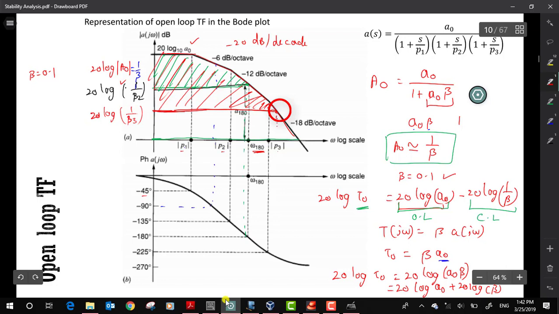At this particular omega, when I see what the phase value is, I am getting a value that is much smaller than minus 180 degrees, almost like minus 230 or 250, right? So at this particular phase value, my system becomes unstable.